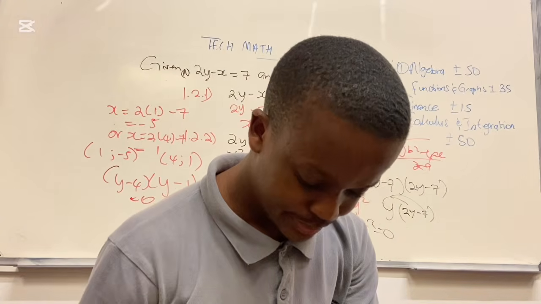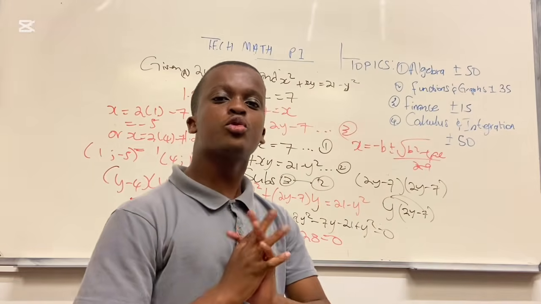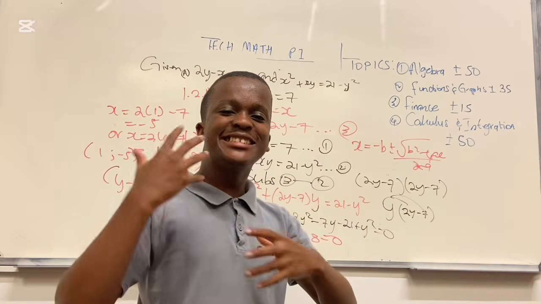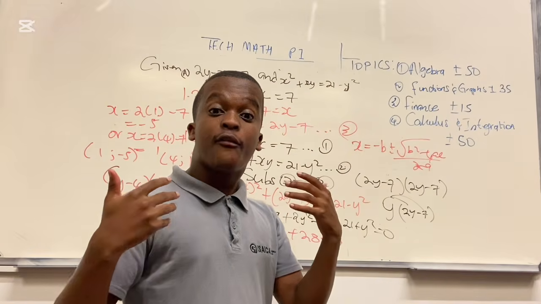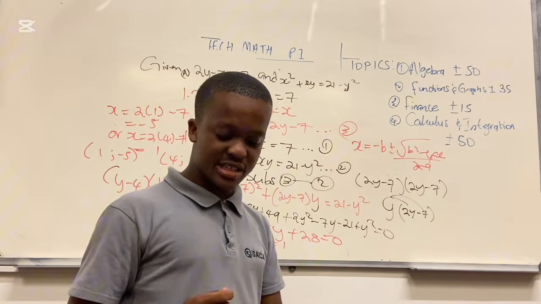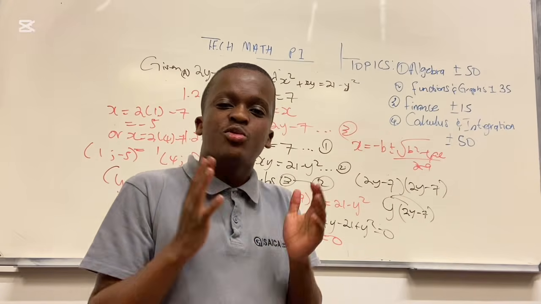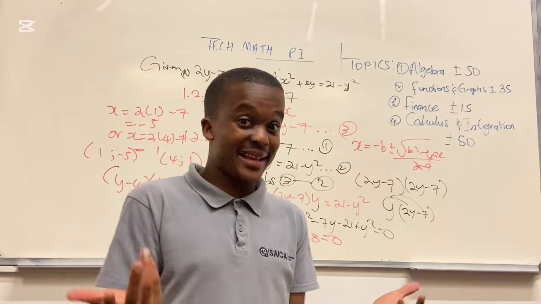Now let's go to changing the subject of the formula using engineering formulas. Now what's our question? Question 1.3. People of God, always, guys, you can't lose those marks there. You just use maths.